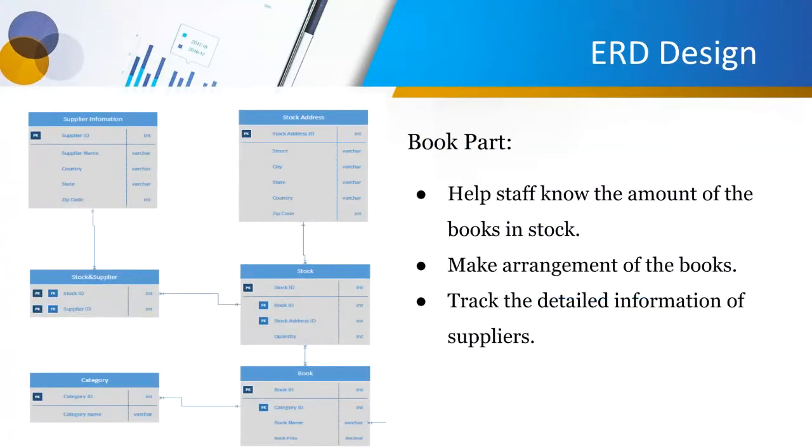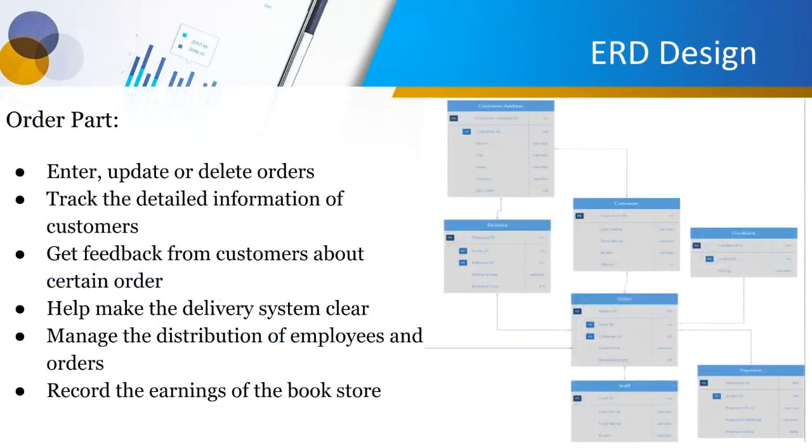So the book is the product of the store, and it contains information about books, their suppliers, and stock. It shows the amount of books in stock and helps staff arrange the books according to demand. And the order entity has a one-to-many relationship with the book entity.